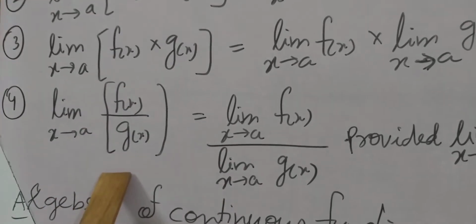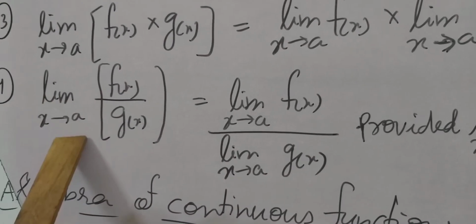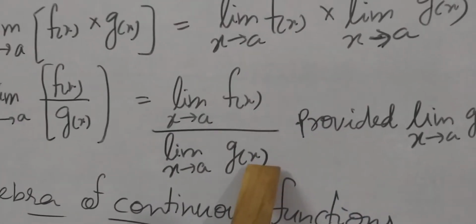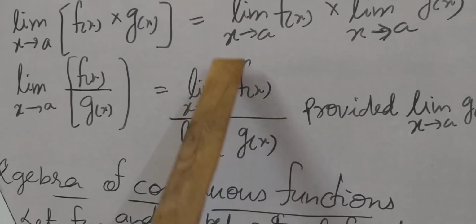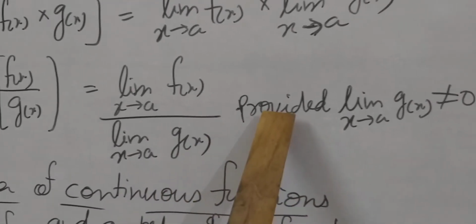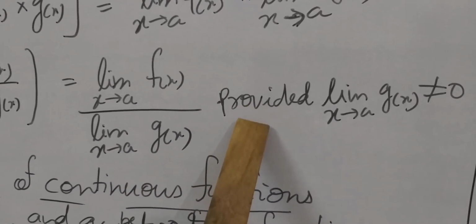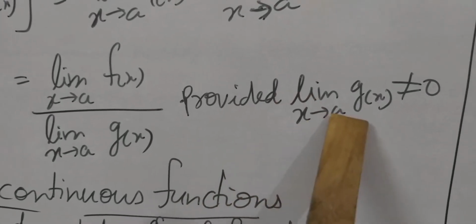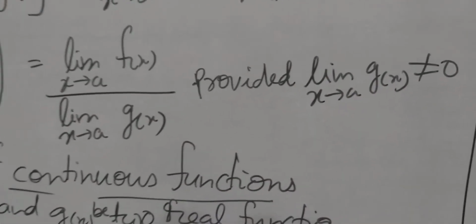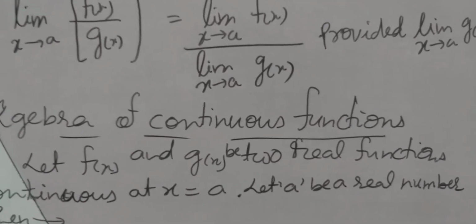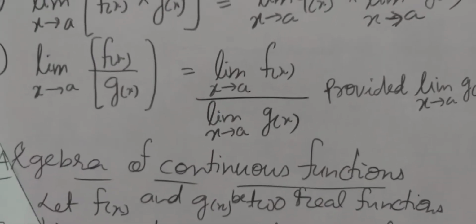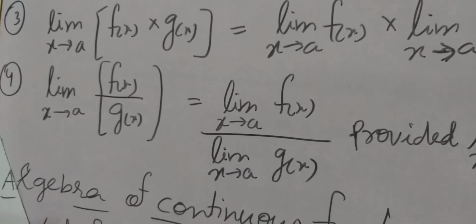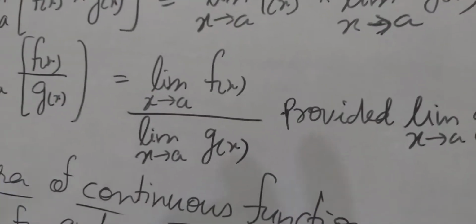Similarly, in division also, students, limit x tends to a f(x) upon g(x) is limit x tends to a f(x) upon limit x tends to a g(x), and you have to remember, it is provided that limit x tends to a g(x) is not equal to 0. So all these properties of limits, students, we studied in class 11th.